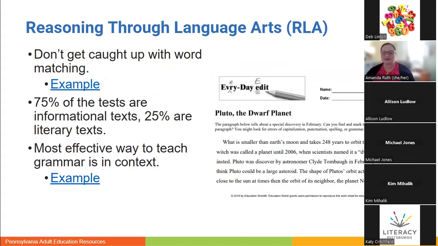The reason I decided to start here is because there were a bunch of different questions that I got before the webinar, and a couple from the last webinar. I'm hoping to take time to get a good understanding of the RLA test and where students might get caught up, but also some of those questions about how tests are being scored, and what we can do to help our students get through that.